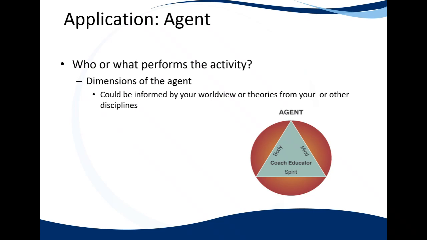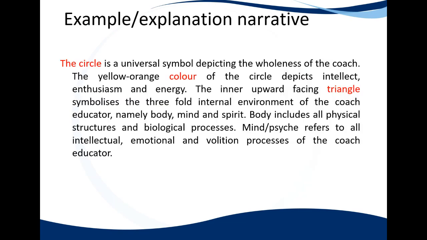Remember, previously I said to you that we can have a visual, but that visual needs a narrative. So here is the narrative and the description around the agent. The circle, I'm actually giving the detail. The colors have meaning, the circles have meaning. In this case, the circle is a universal symbol depicting the wholeness of the coach.